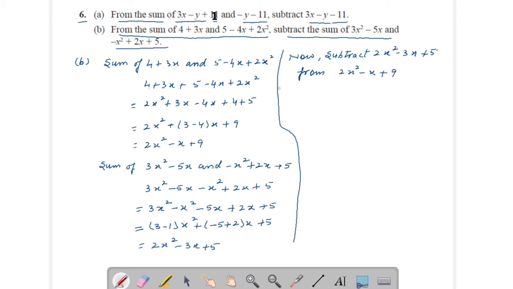Here write second expression first. It will be 2x square minus x plus 9 minus, write the first expression, that is 2x square minus 3x plus 5.